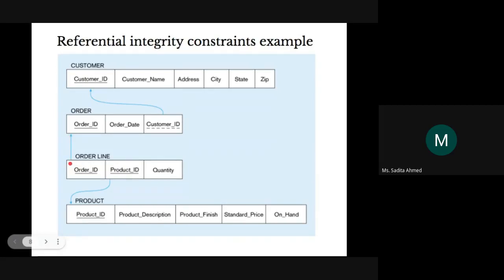Because we also need to denote the fact that order ID, for example, is referencing the order ID primary key of the order relation. So order ID is a foreign key for the order line relation as well. Product ID is also a foreign key of the order line relation. And we denote that by this arrow pointing towards the origin. And remember, always the arrowhead points towards the origin. The arrowhead points towards the primary key that is being referenced. Right?